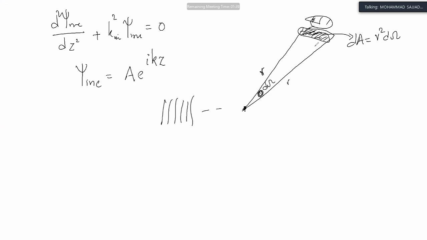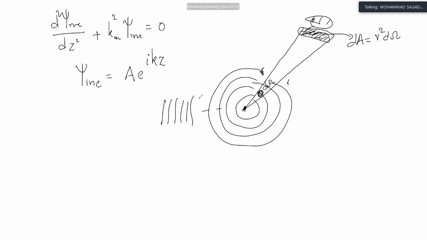And the important point is that here we are considering an outgoing spherical wave. Therefore the scattered wave will be represented by f of theta phi e to the power ikr by r. Why is this 1 by r coming?